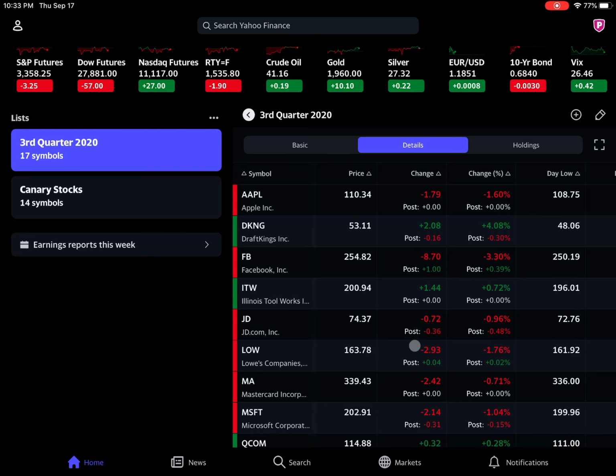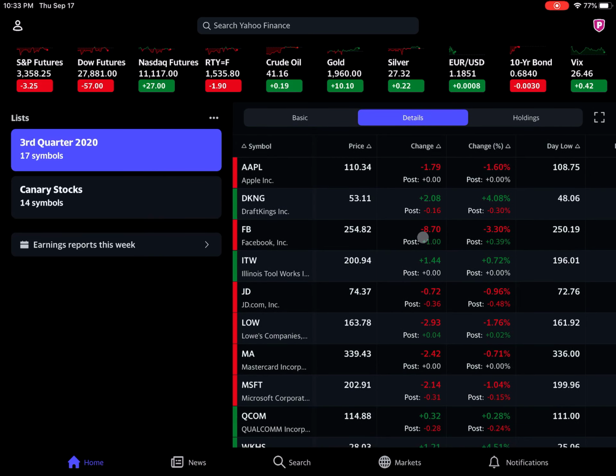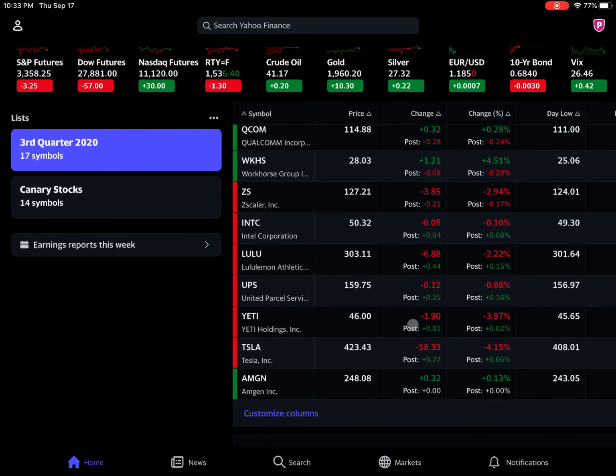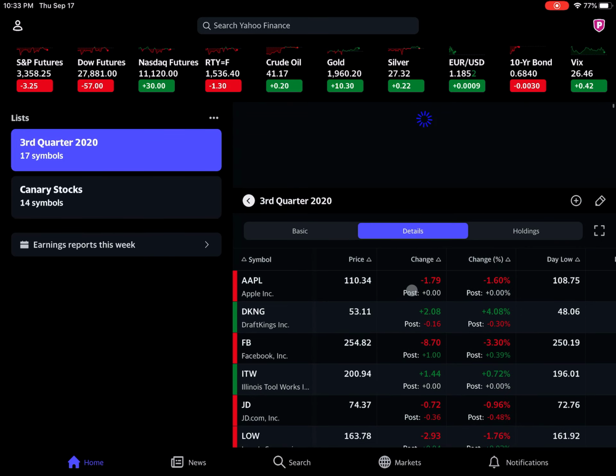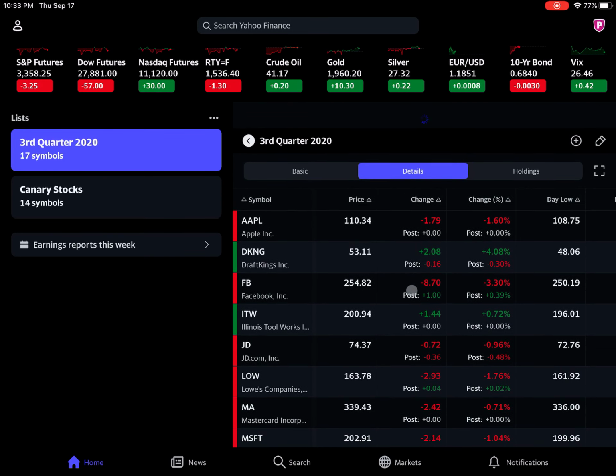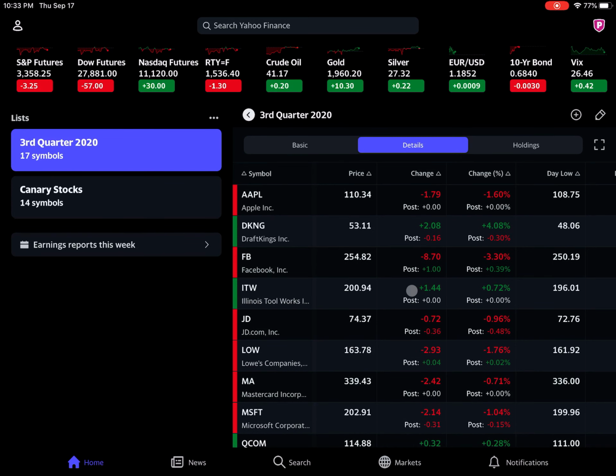And I also like it for the watch list because you can see your individual stocks if it's up after hours or down after hours. And so if you see a lot of your stocks are down after hours the night before, and then the morning before the market opens, you check it like 10 minutes or less before the market opens.